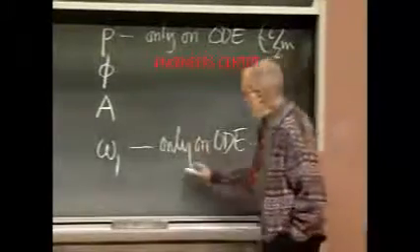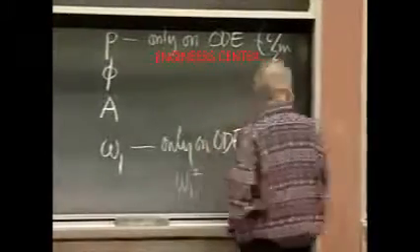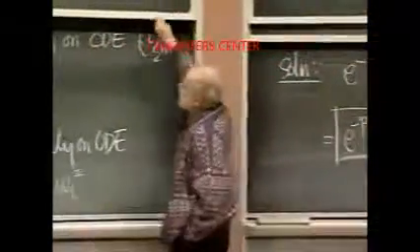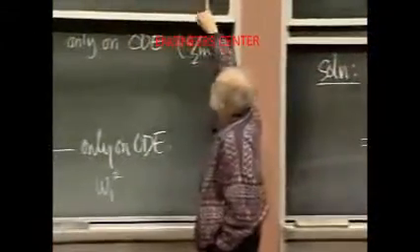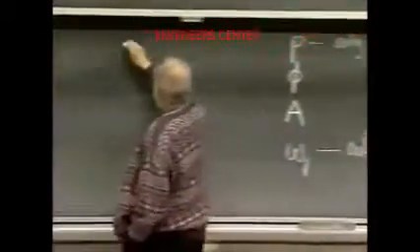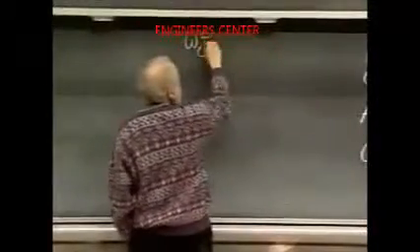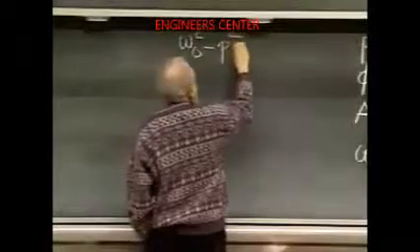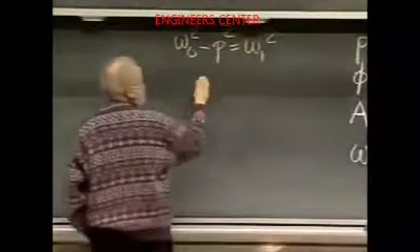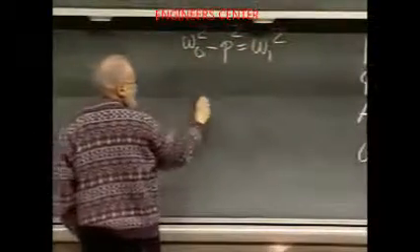What's the formula for omega 1? Omega 1 squared, where do we have it? I never wrote the formula for you. So we have omega naught squared minus p squared equals omega 1 squared. What's the relation between them? That's the Pythagorean theorem.